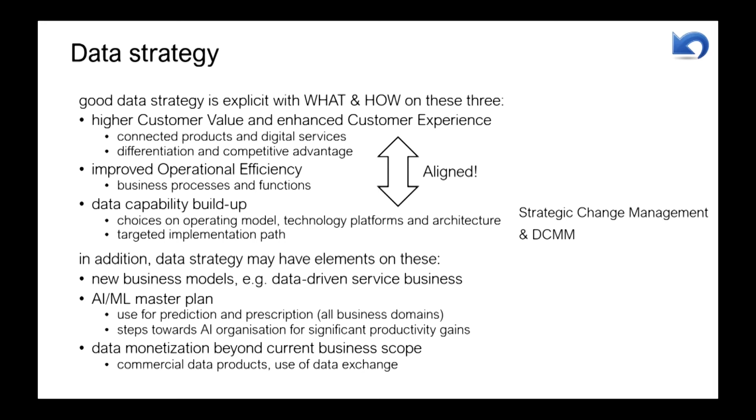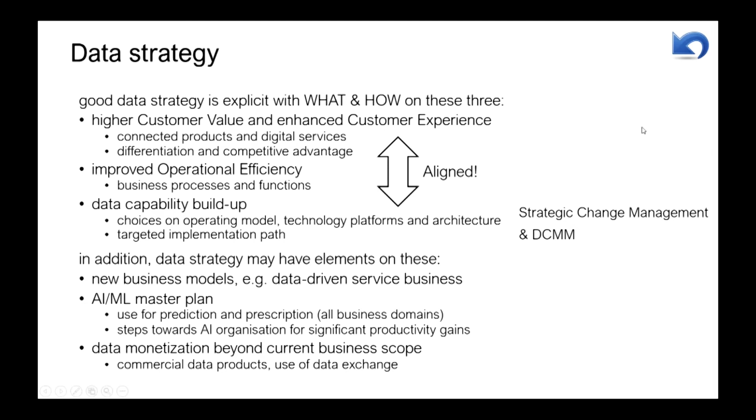Data may have significant book value, but whether that translates to data monetization as a strategic item is another matter. However, sometimes additional revenue streams from data products can be significant. In that case, data strategy must clarify the opportunity and how to capitalize on that.